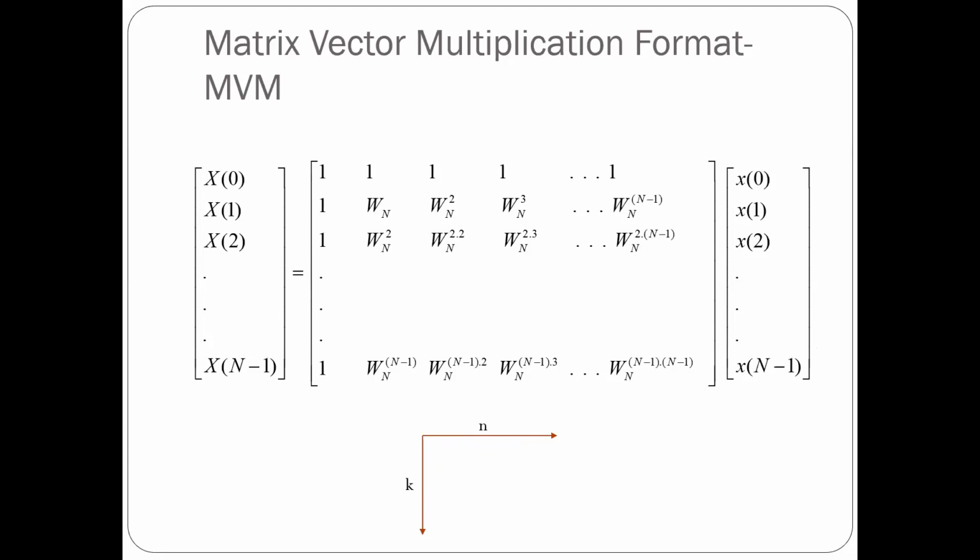Okay, so this is very important now. Now let us start with a very simple question to illustrate the computation of a discrete Fourier transform. We'll start with a very simple example.